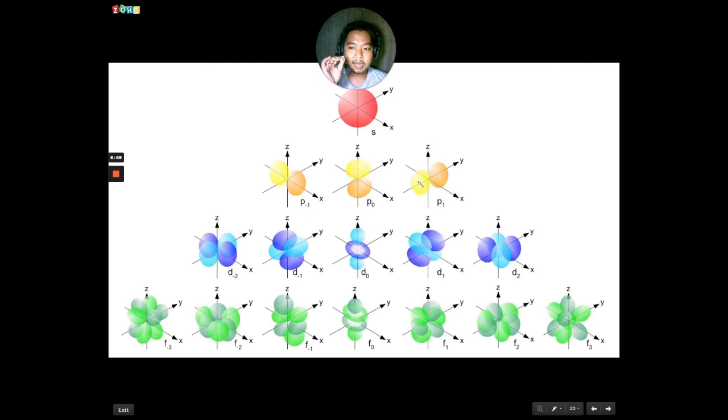Bear with me if this seems very confusing now. d has 5 possible orientations, while f has 7 possible orientations. Is it starting to make sense? If not, it's okay. We'll move further.